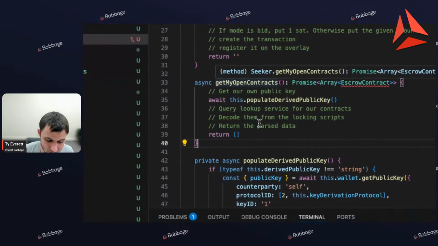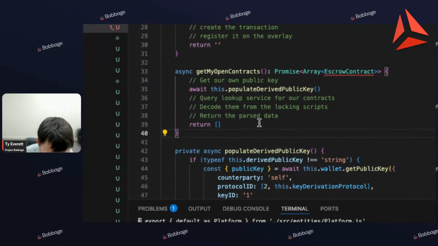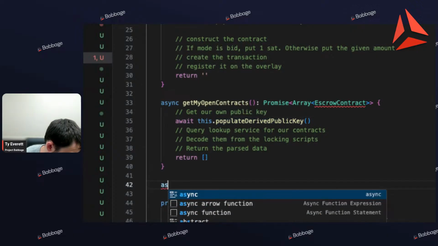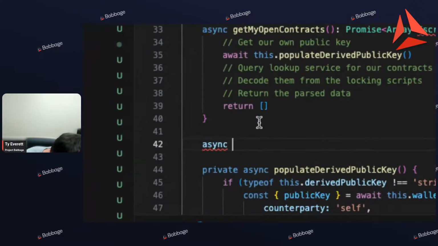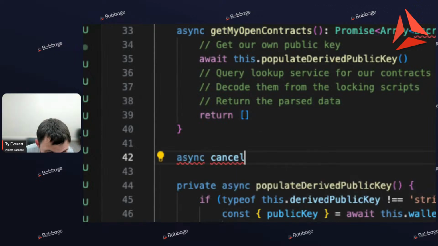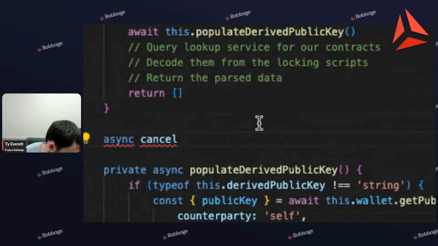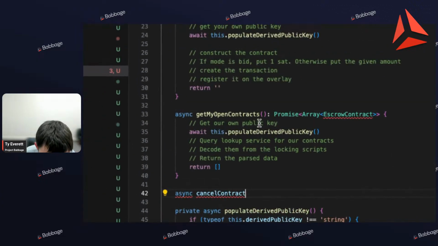If I tell this a given contract, I should be able to cancel. So if I didn't accept work yet, so I didn't say it was okay to start, right?